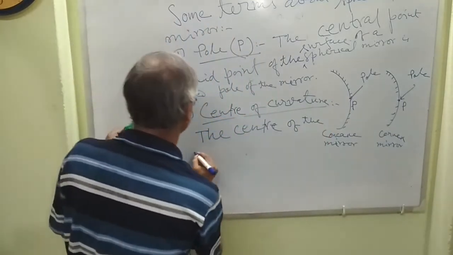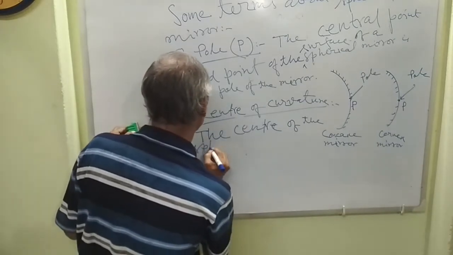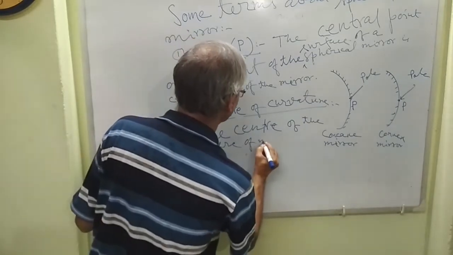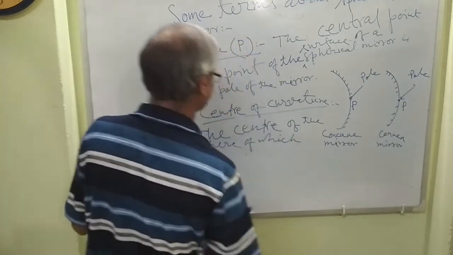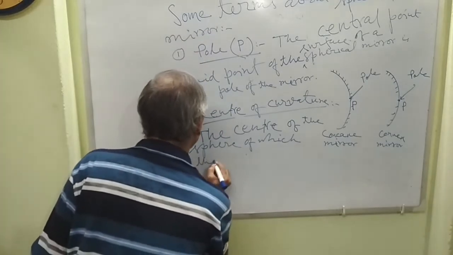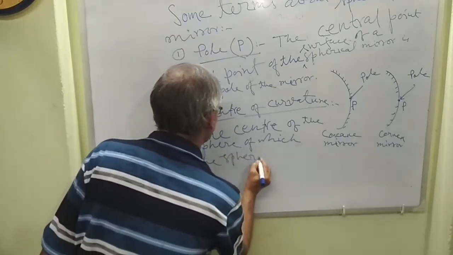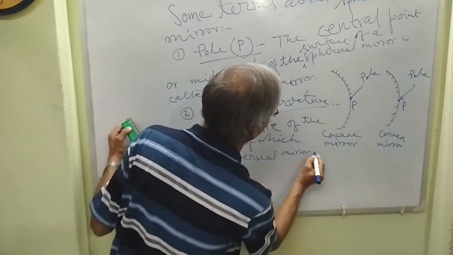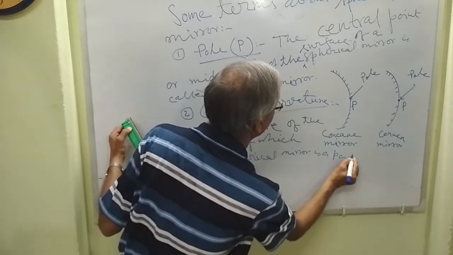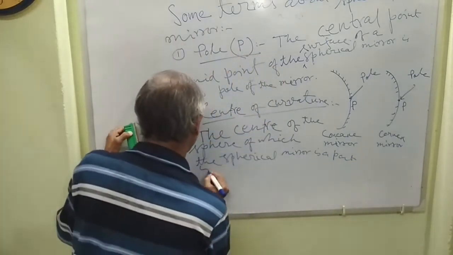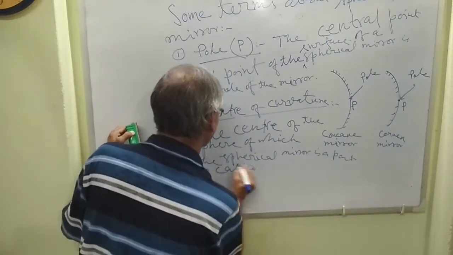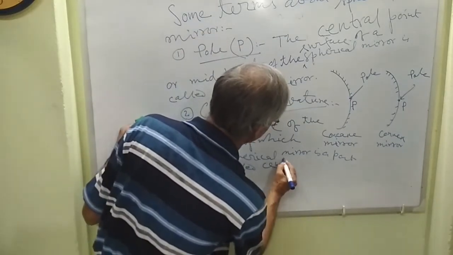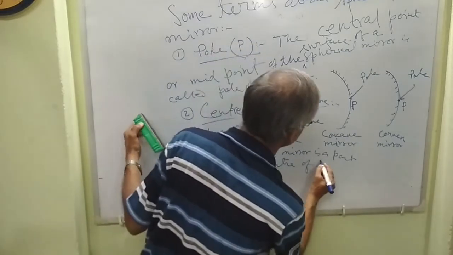The center of the sphere of which the spherical mirror is a part is called the center of curvature of the spherical mirror.